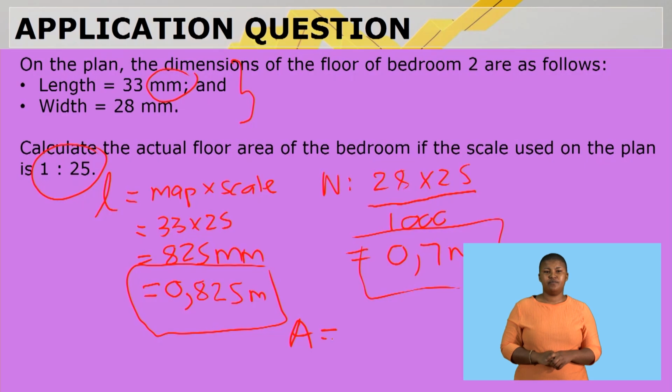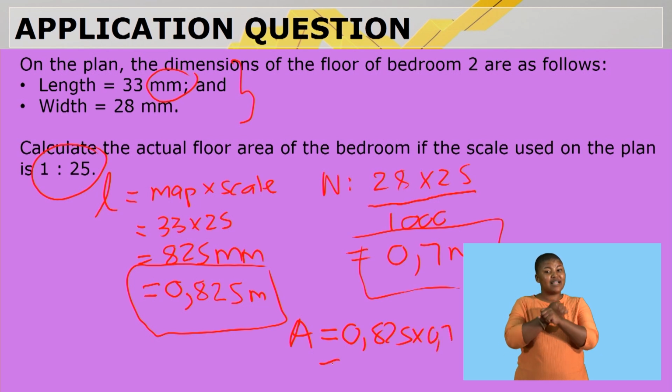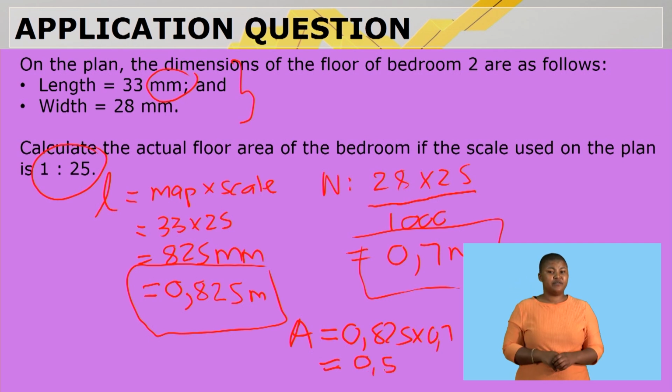The area then would have been 0,825 times 0,7, and that is 0,57 meters squared. So can you see this is very unrealistic, and that was just another mistake that he made.